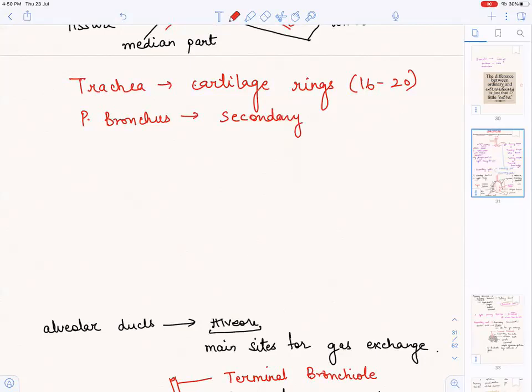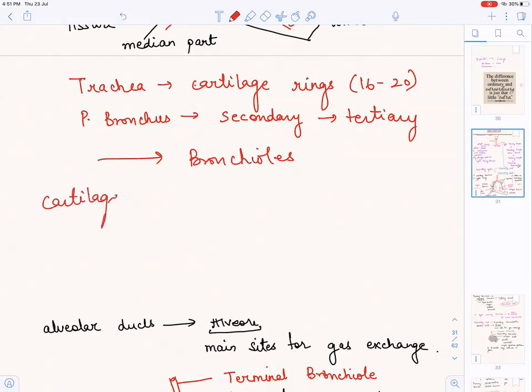But as we go down to the tertiary bronchi and the bronchioles, these cartilage rings decrease.